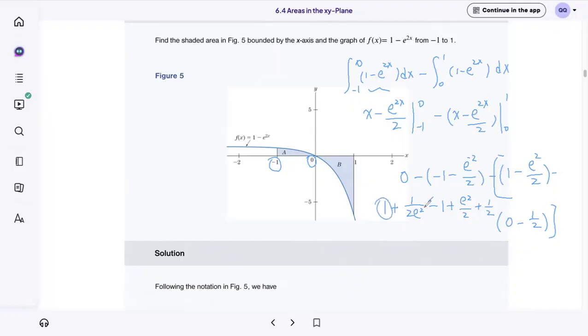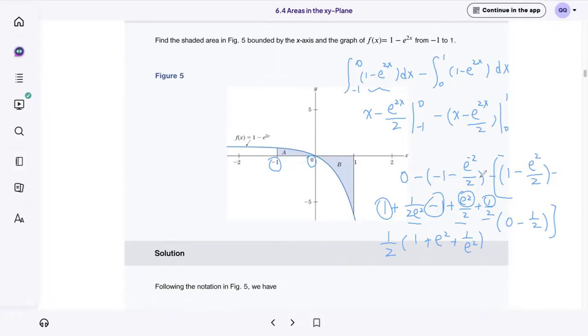So 1 and negative 1 becomes 0, but we still have a half, right? We have a half here, half here, half here. So we can factor out a half. So we get a 1 plus 1 is this one, plus e squared from here, then plus 1 over e squared. We can write this way.